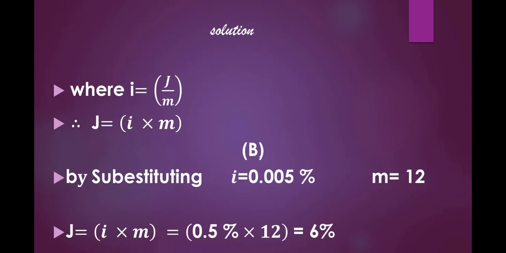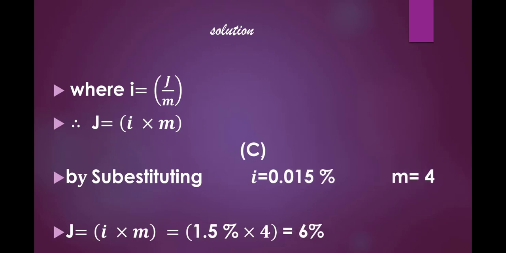And for B, where I equals 5 per thousand and M equals 12, J will be equal to 6%. And for C, by substituting I equal to 15 per thousand and M equal to 4, J will be equal to 6%.